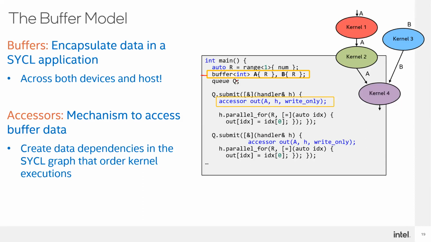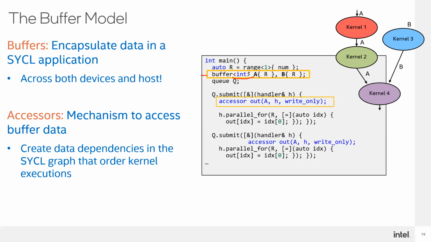So if you're not using the C++17 feature CTAD, which allows you to avoid specifying the template arguments explicitly, then once you create a buffer, you need to specify the data type you want.